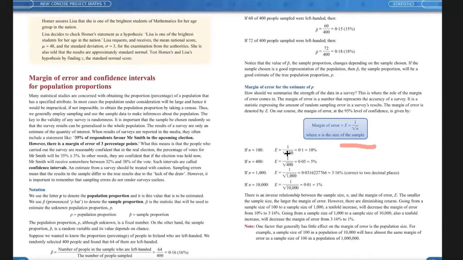So what you find is the bigger your sample size, you can see that from these numbers here, the smaller your margin of error. If you think about that for a second, the bigger your sample size means you're sampling more people. So if you sample more people, then you're more sure of your data. You're more sure of the answers you're getting to whatever data you're trying to find out with your sample.